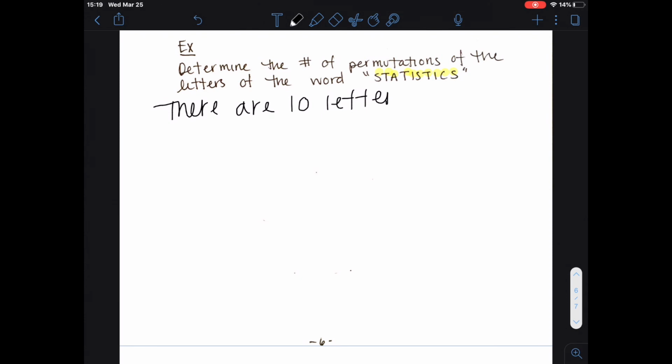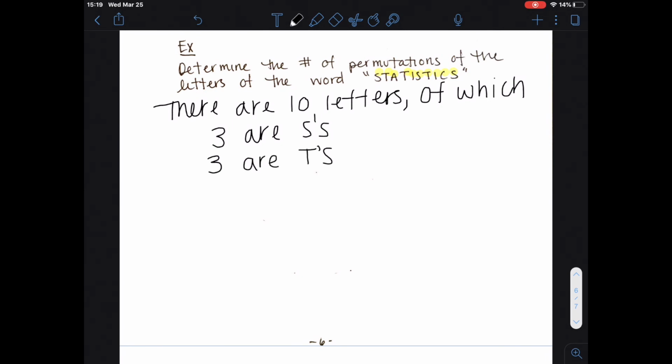So there would be 10 factorial ways to arrange that, but some of them are going to be exactly the same because the letters repeat. So there are 10 letters, of which 3 are S's, 3 are T's, and 2 are I's.